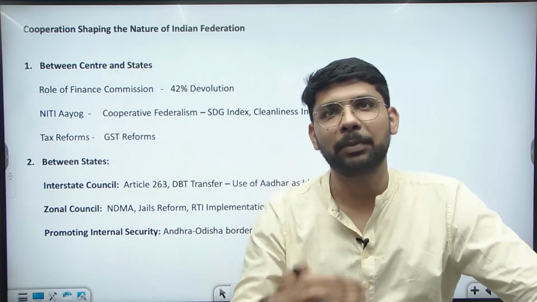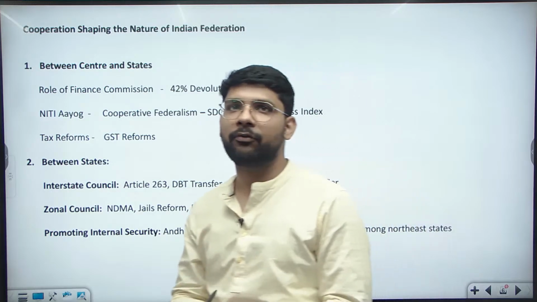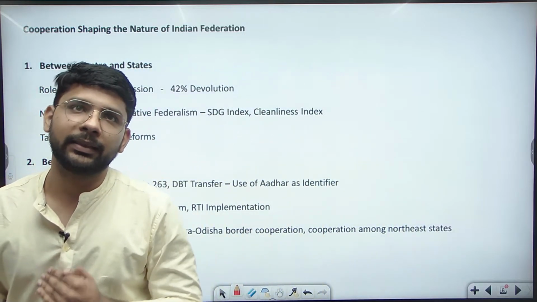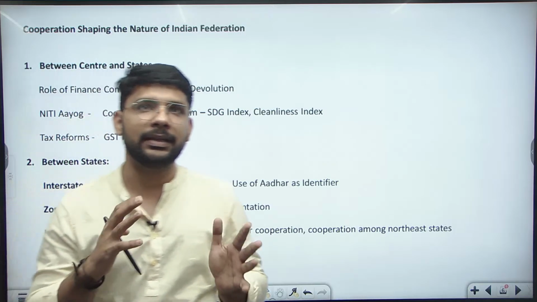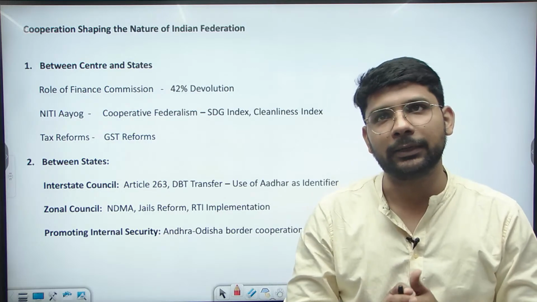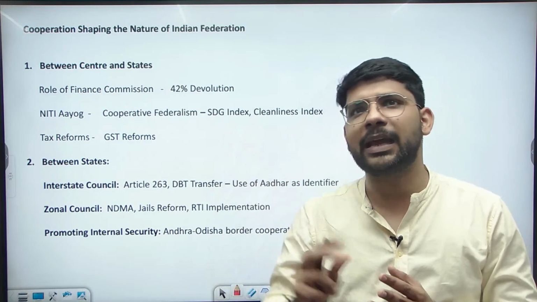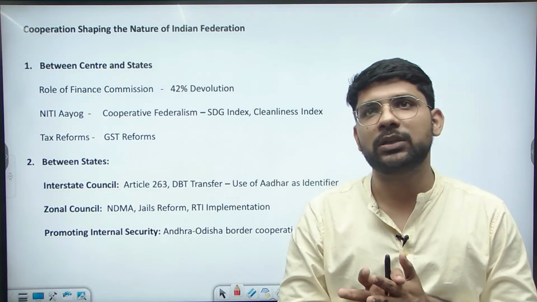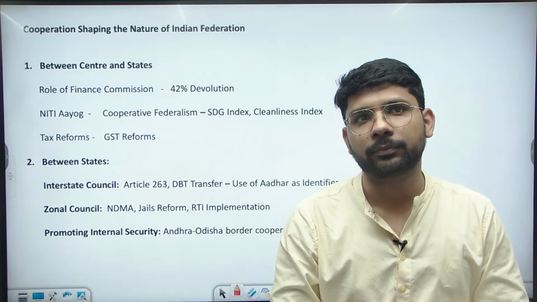Every state is implementing the guidelines of the Finance Commission, and it's a direct example of the cooperation between the center and the states on the basis of a division of taxation in the country. So it's a real-time example you can quote when you're writing about the cooperation between the center and state.